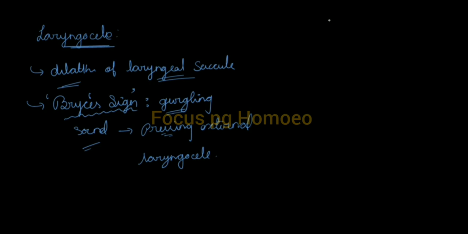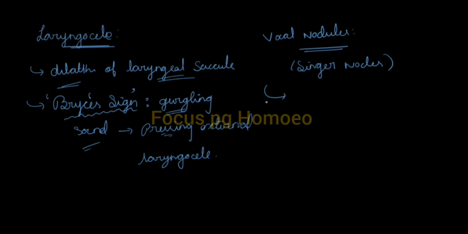Then comes vocal nodule. So here we can see nodules in the vocal cord, which is also called as singer nodes. So this is most commonly seen in females who are actors, who use voice more often.